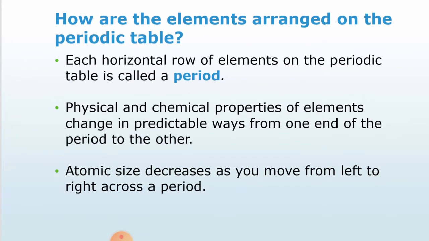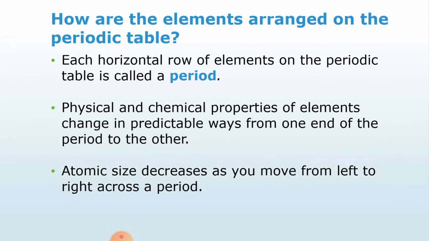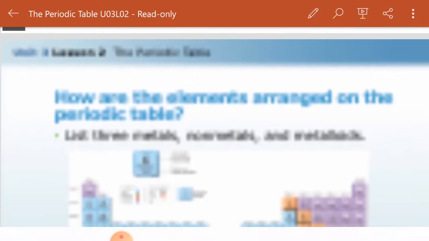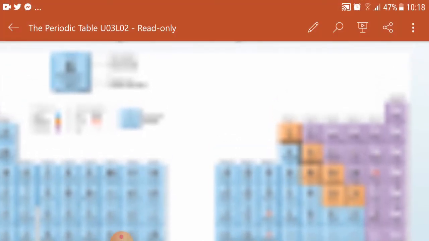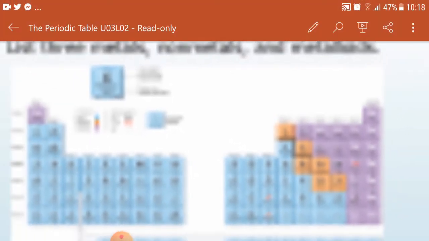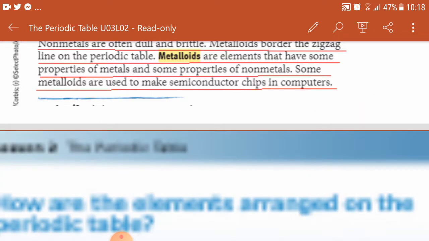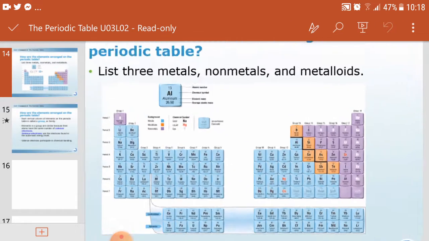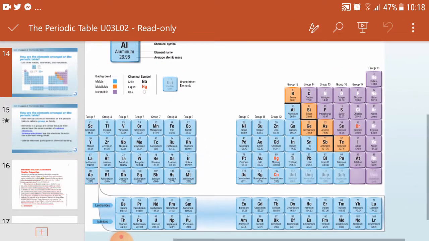What is the period? The period is the row, or it refers to all the elements in a row or in a line, as we can see here.